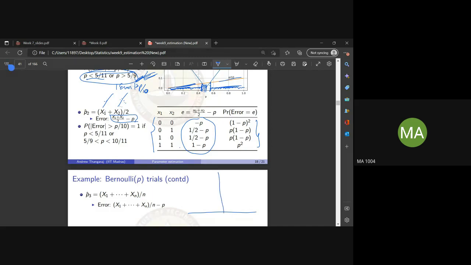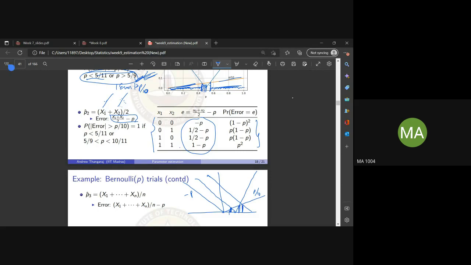You plot these and it will come out something like this. Then you have p by 10 here, and for each of these errors you get a point of intersection with p by 10.